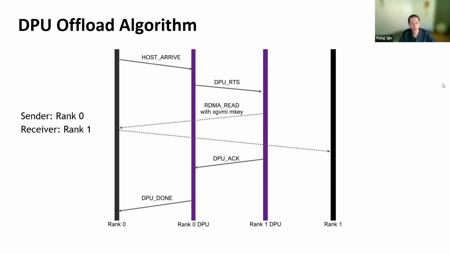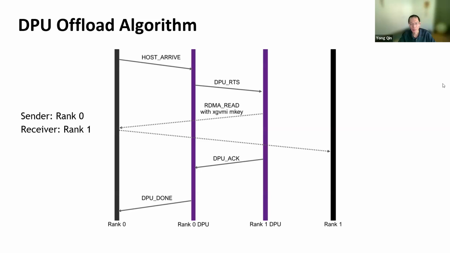And then we also send this data, including the memory keys that are pre-registered on the host side, along with the host arrive message to the DPU. So once the DPU receives this host arrive message, it can start using the ring algorithm and start sending the ready to send message to other remote DPUs. Like for example, here it sends an RTS from rank 0 DPU to rank 1 DPU, including the cross-gvmi memory keys from the host rank.